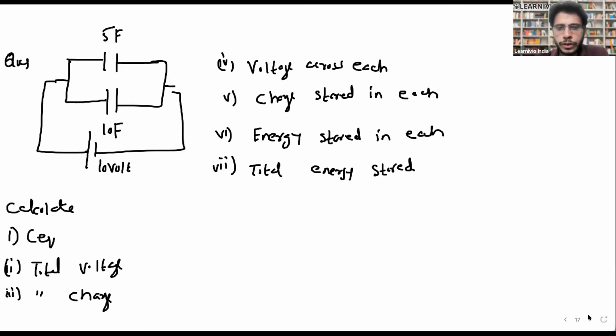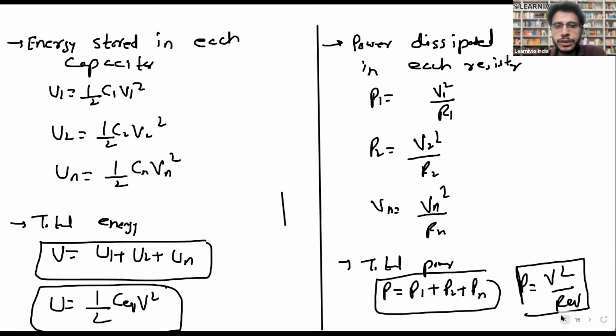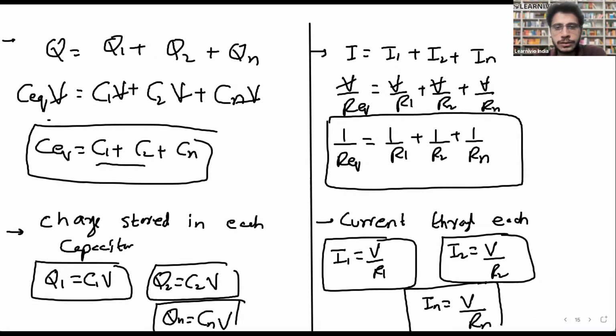Yes, Noor, fourth is also correct. Very good. Okay, Ahmed. Yes, first and second both are correct. Good. Yes, Noor, both are correct. Yes, Sania, second is right. Third, Sania, charge is C into V. This is total charge, Sania.